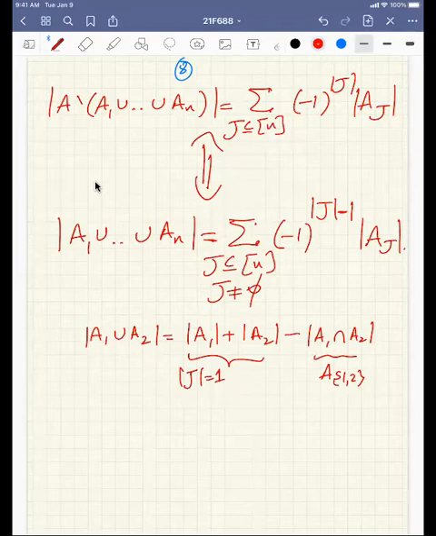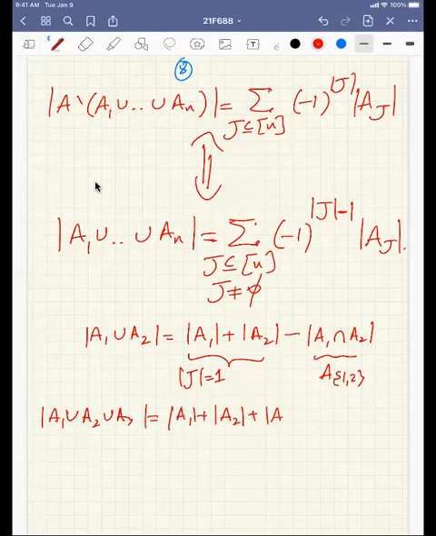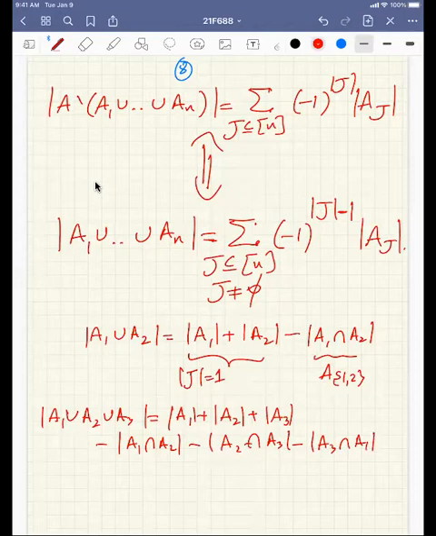And similarly, you have a formula for A1 union A2 union A3: their sum, minus the cardinalities of intersections of 2, plus the cardinality of the intersection of 3.